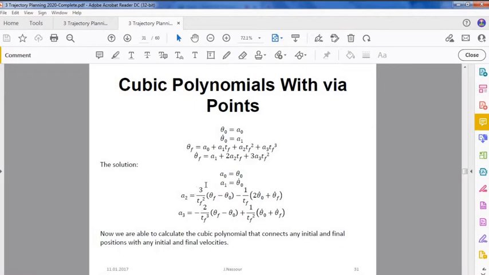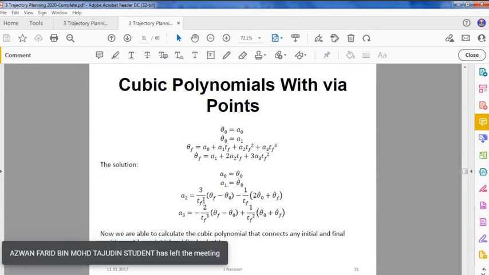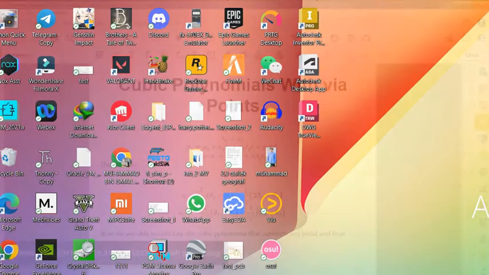But when you have a via point, you need to minus 1 over time final, theta velocity 0 time 0 plus theta time final velocity. This is velocity. And this is A3. It's already simplified, so you just use this formula to find A2 and A3.